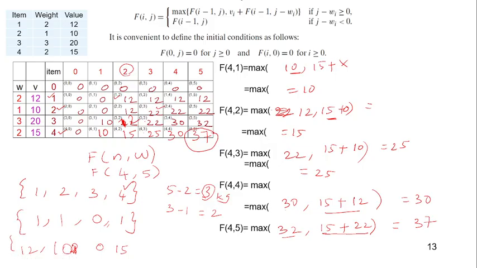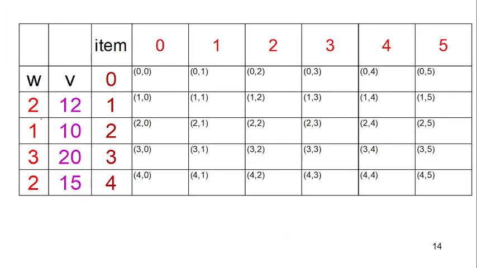So totally 22 plus 15, 37. So the maximum value of the knapsack is 37. And what are the items to be included? 1, 2, and 4. So this is how you can find the knapsack problem solution.